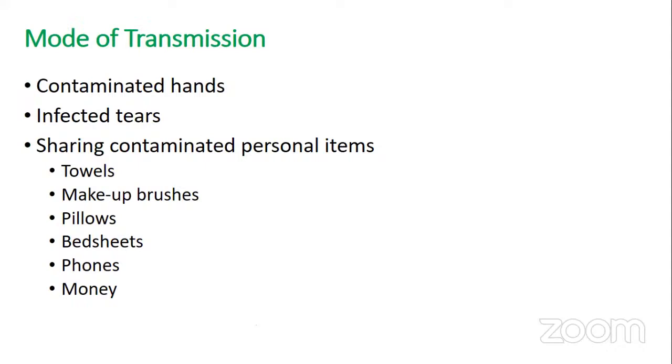So how do we get this transmission? Transmission comes in when we have direct contact with contaminated hands or objects, that is surfaces that have been contaminated with another person's secretions from the eye.